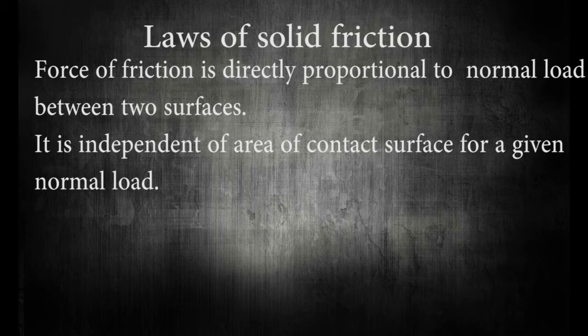If the weight of both the objects is the same, the friction acting on both of them will be the same. So this is the second law, that the friction between the two surfaces is the same till the weight or normal load is the same.